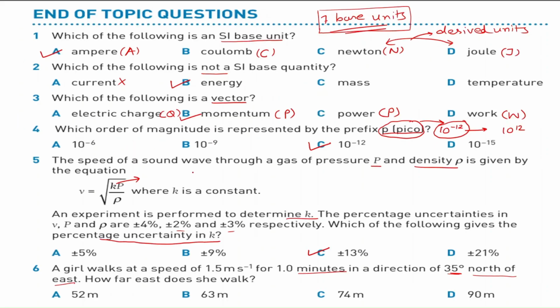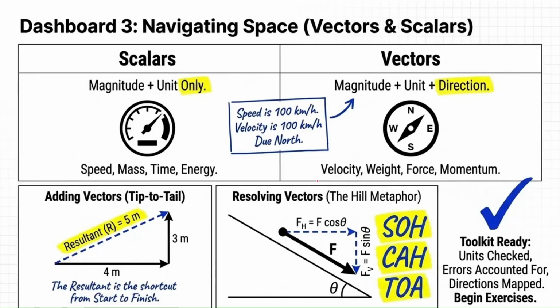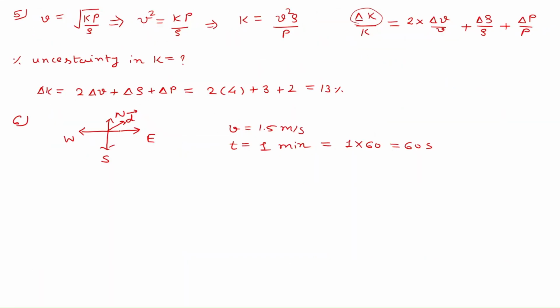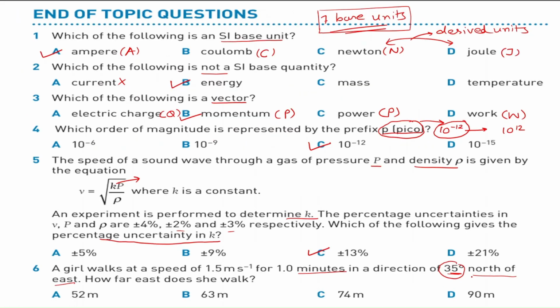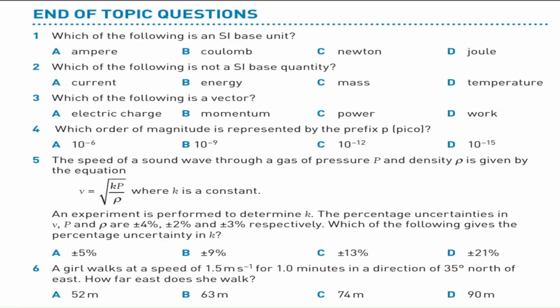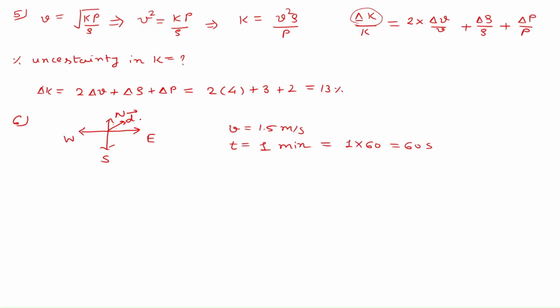Now they give an angle, but which angle? This or this? Now read the question carefully: north of east.